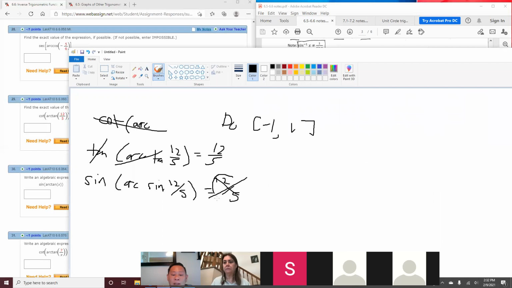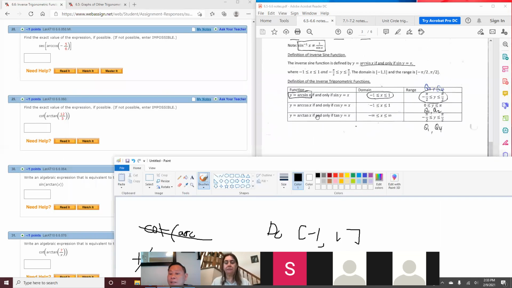Can someone tell me where 12/5 is if you put it in decimal? 12/5 is 2 point something. Is this inside or outside the domain? It's outside. So this is D and E. But tangent is special because if you look at the domain for arctangent, the domain is all real numbers.